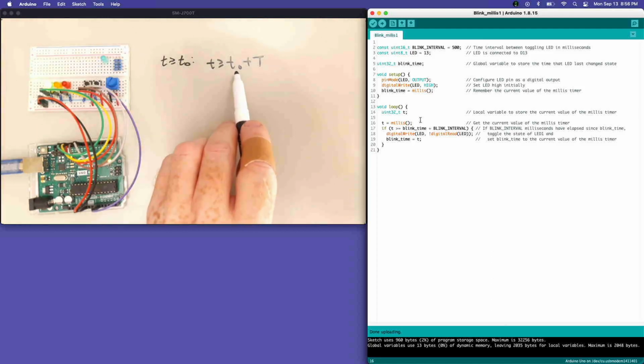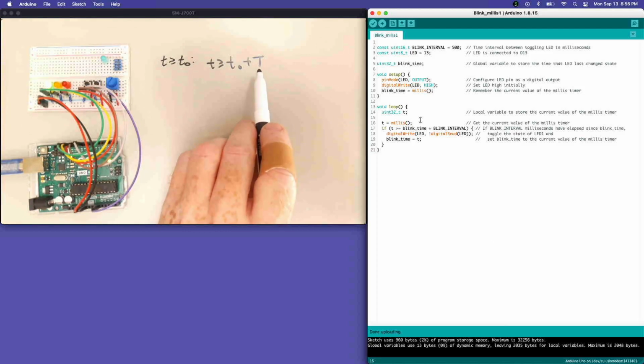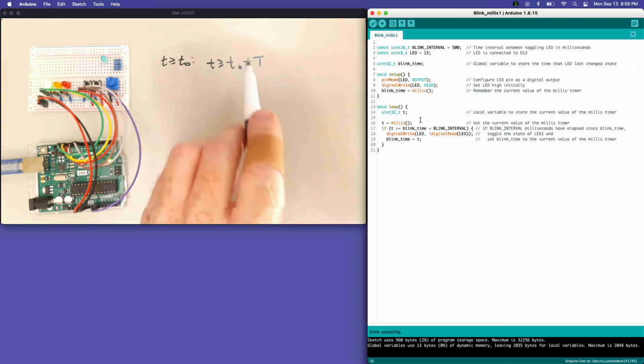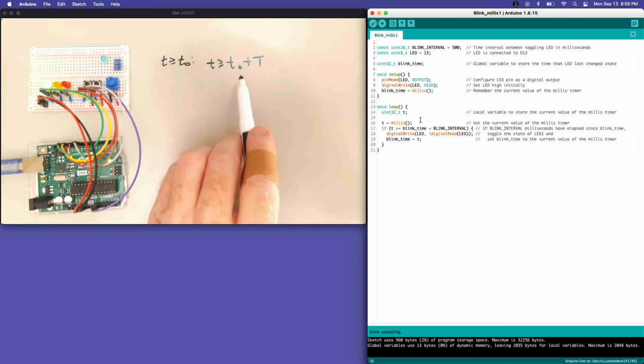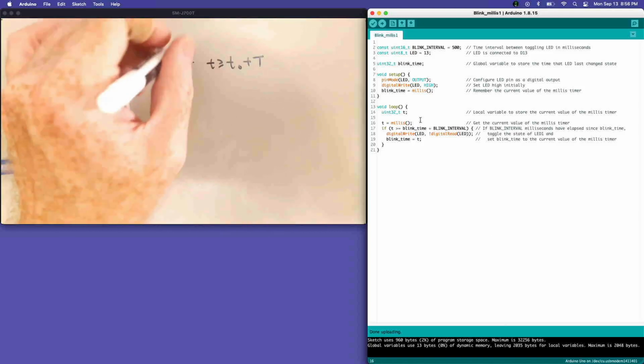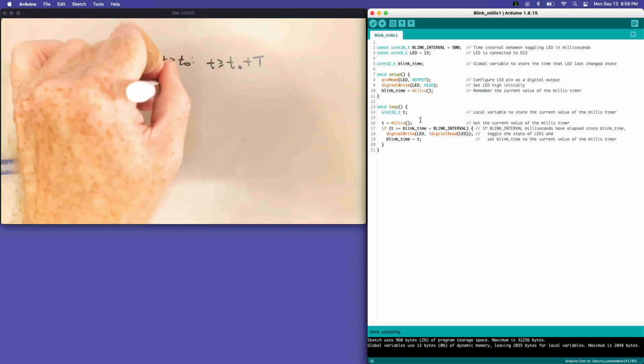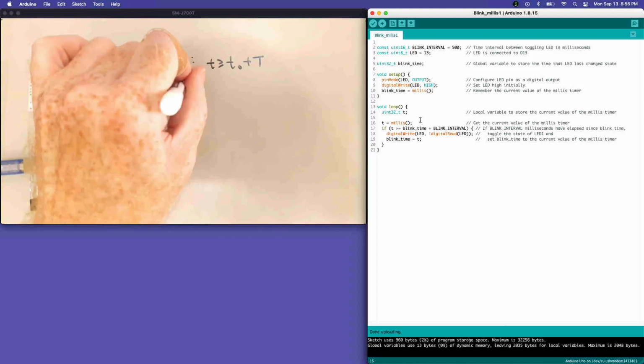This would be blink time in our example. This would be blink interval. But we might have other things that we're checking, and we might like to use a generic name here for these things. So the other case would be t less than t0.